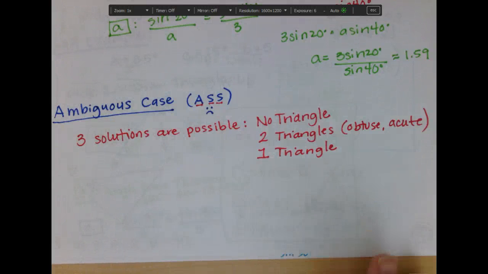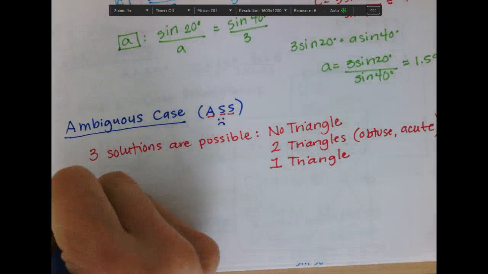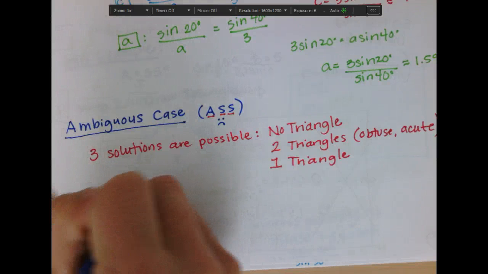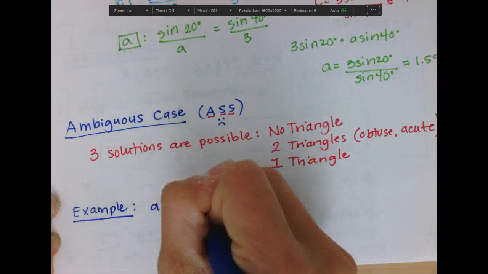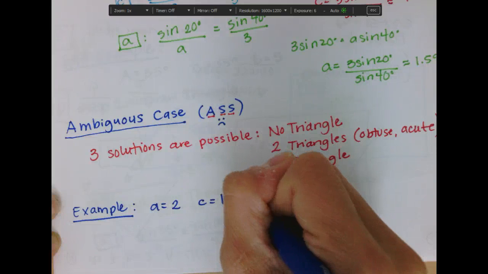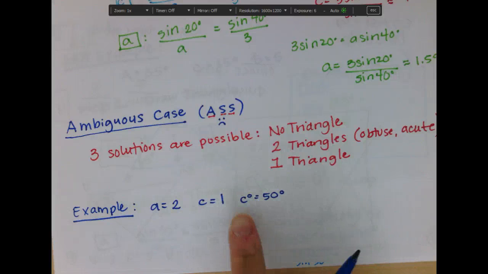Alright, so let me show you an example. Here we're going to have a side length of 2, a side length of 1, and an angle of 50 degrees. That's a capital letter.